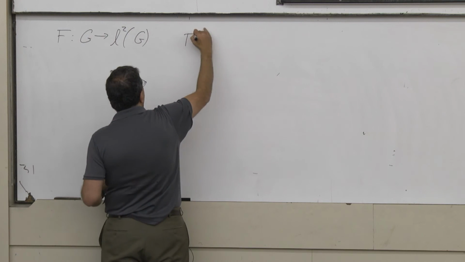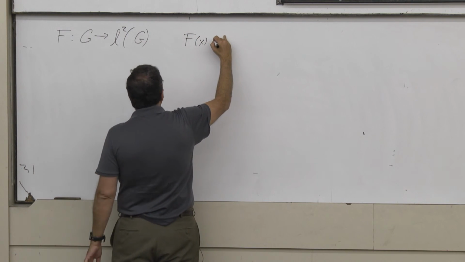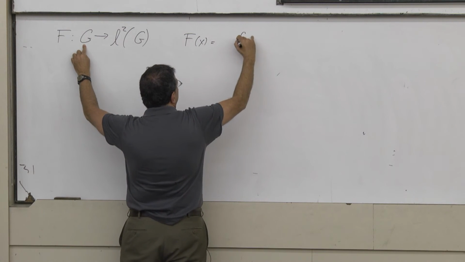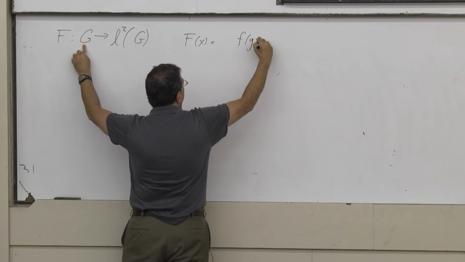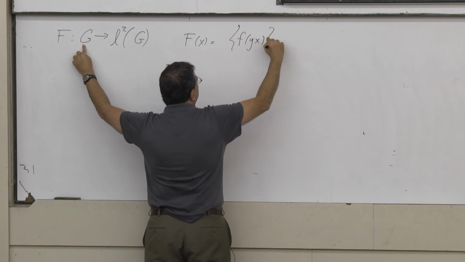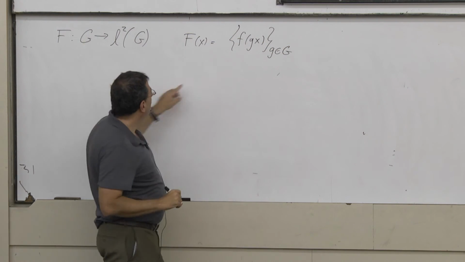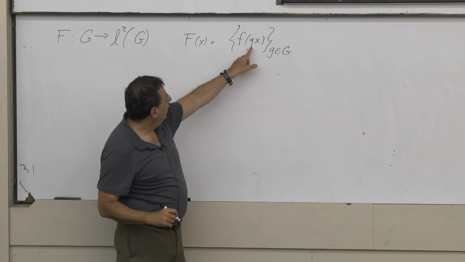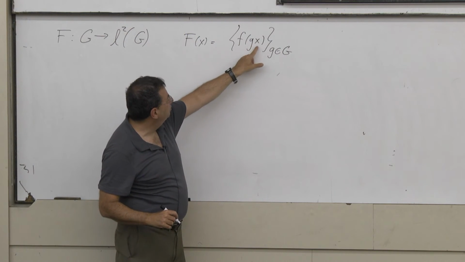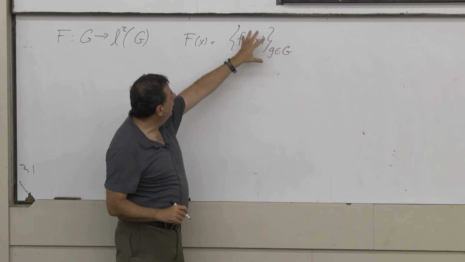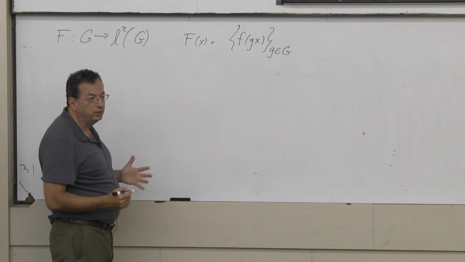In other words, for x an element of G, F of x will be the vector little f of gx as g runs over G. Okay, so for every element x, I take little f of gx, and as I run over G, I get a vector in the space L2 of G.